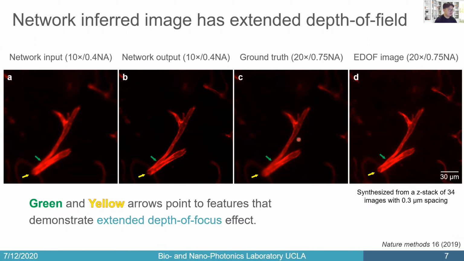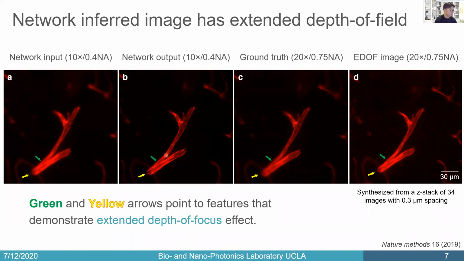So although the 20x objective gives us a high-resolution image, the end of this blood vessel is already out of focus. However, that's not a problem for the 10x lens, although the resolution is not ideal. The network takes advantage of both worlds, and gives us a high-resolution all-in-focus image from the 10x input image.